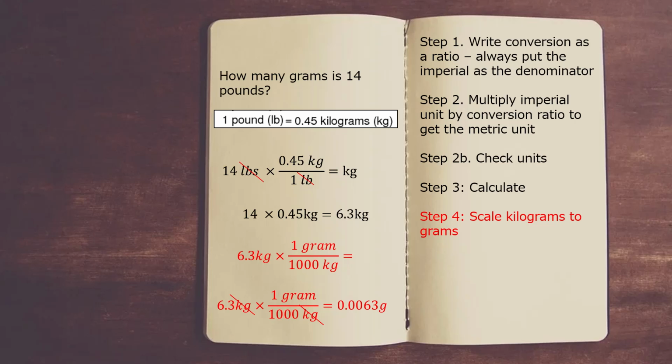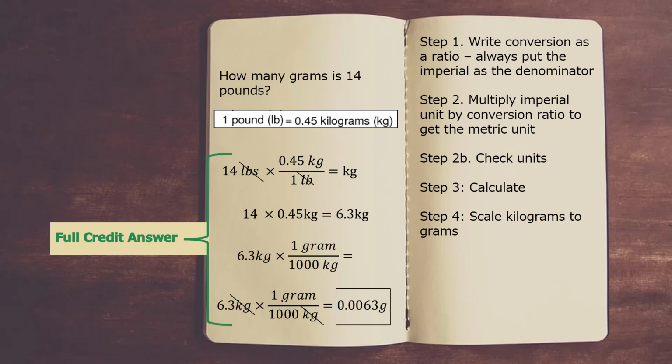Remember, you want to put the unit that you need to end up with as the numerator and the unit you're trying to get rid of as the denominator. So we do that. 6.3 kilograms divided by 1,000 kilograms is going to get us 0.0063 grams.